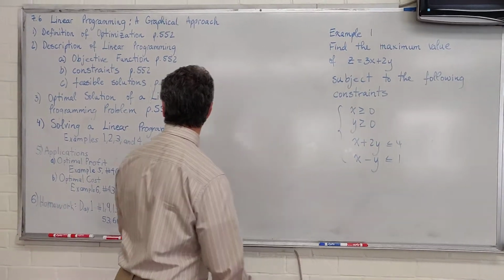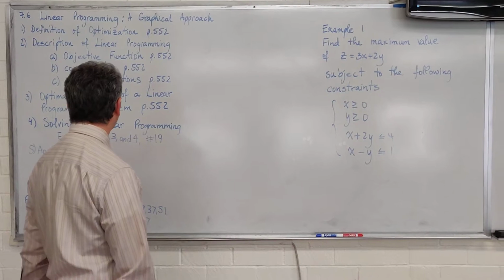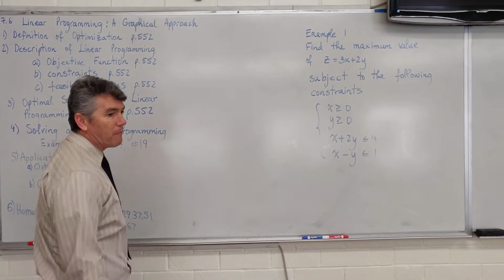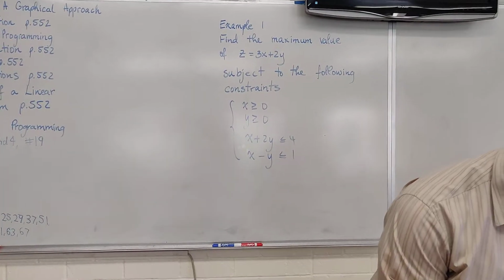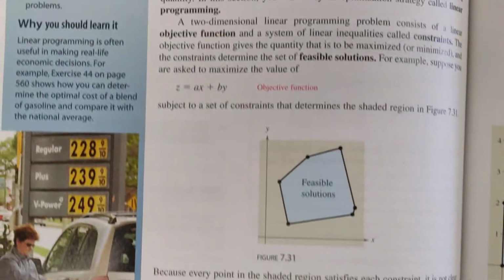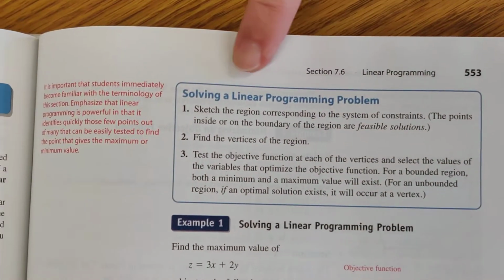Okay, let's see. Next, we're going to look for the guidelines for solving a linear programming problem. The guidelines are on the top of page 553, right here. And there they are.